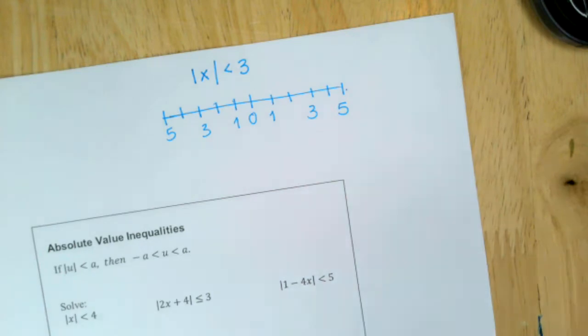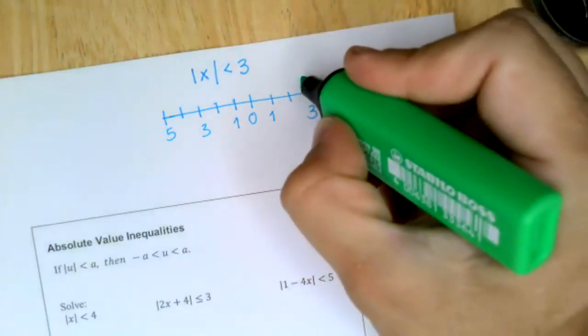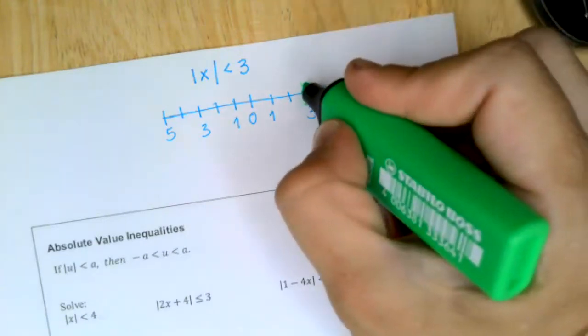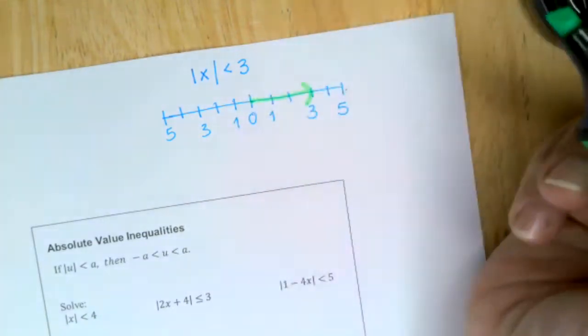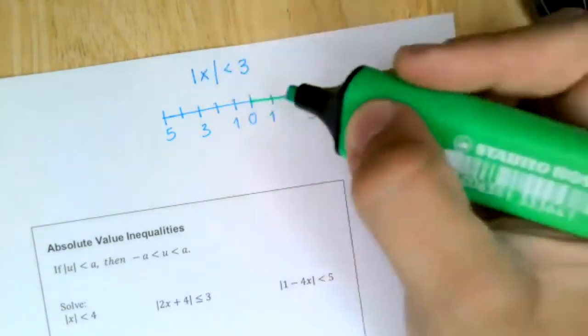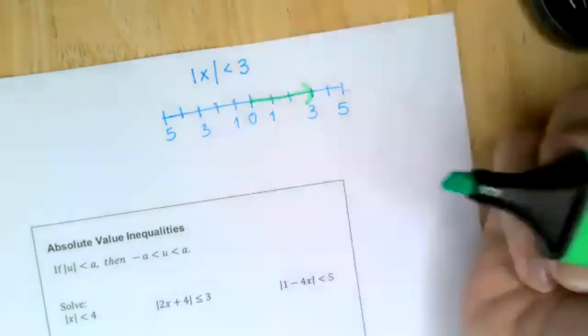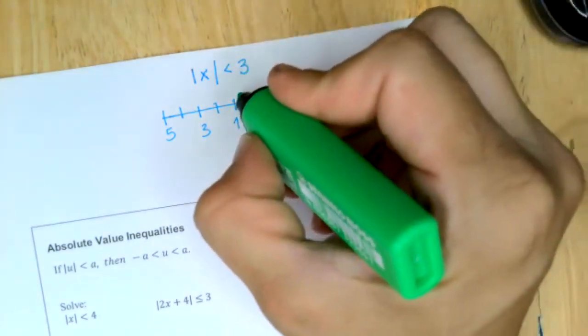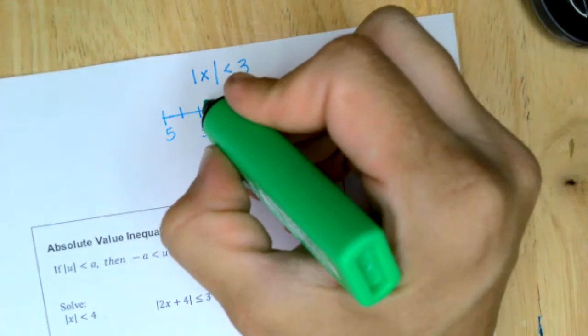Well, I know less than and not equal to is just the parenthesis, right? And it goes to 0. Yeah, 0 is less than 3. The absolute value of 0 is less than 3. What about the absolute value of -1? Is that less than 3? Yeah, we can keep going. We can go all the way up.